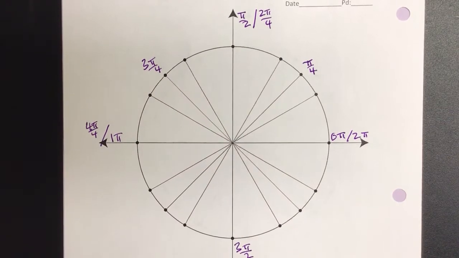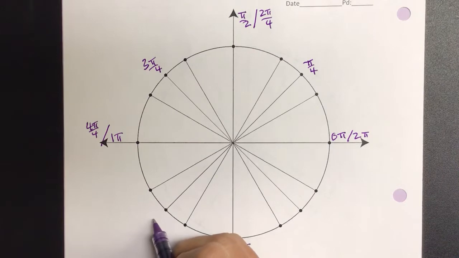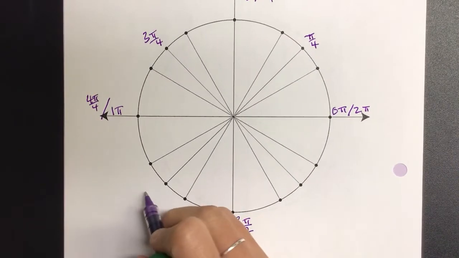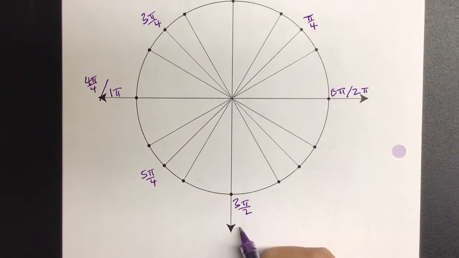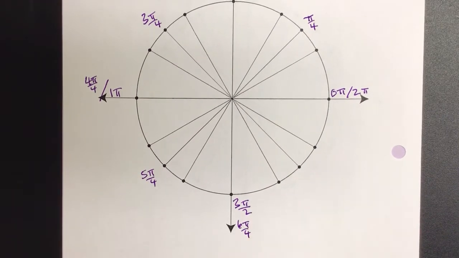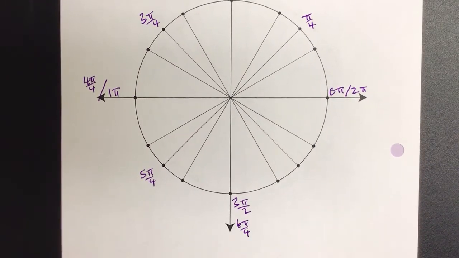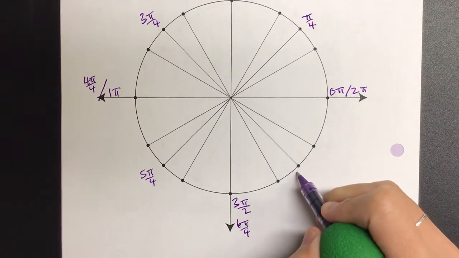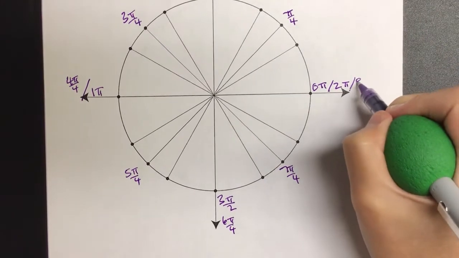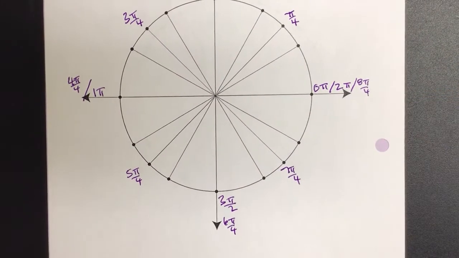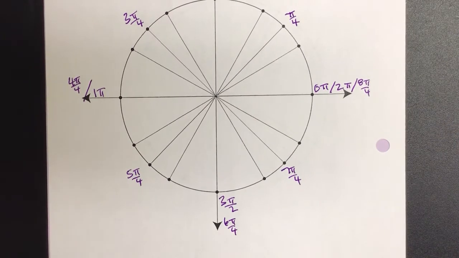Isn't 4 pi over 4 really in the end 1 pi? So again, self-check. Let's go to our third quadrant. If I add one more pi, we get 5 pi over 4. And then we have 6 pi over 4. Is 6 pi over 4 same thing as 3 pi over 2? Self-check again. And then I have 7 pi over 4. And then I have 8 pi over 4. Is 8 over 4 really 2? Yes, it is. So we're good with that one.